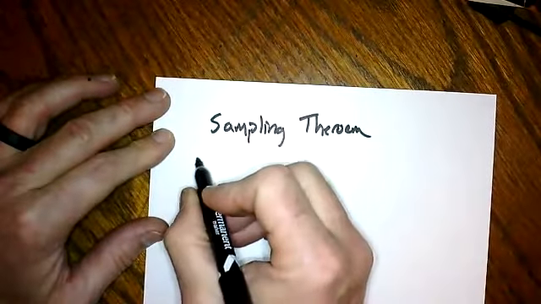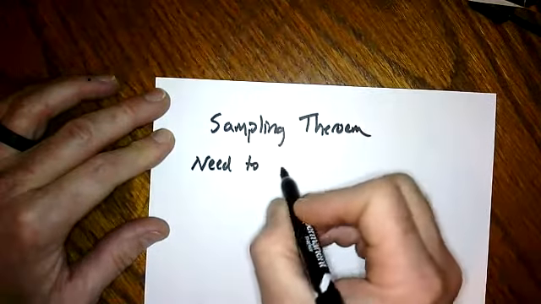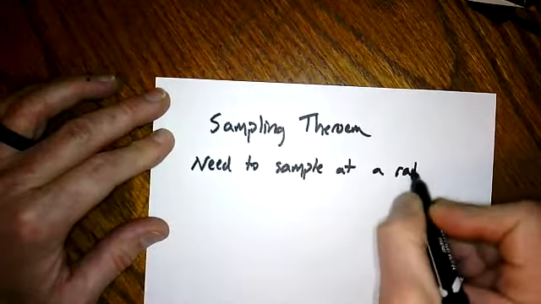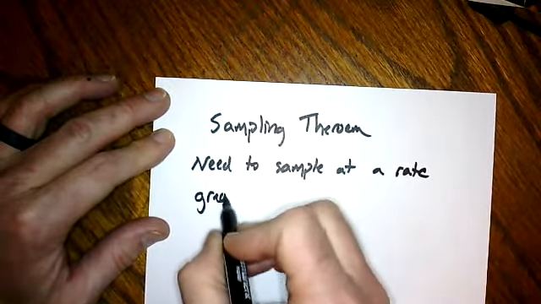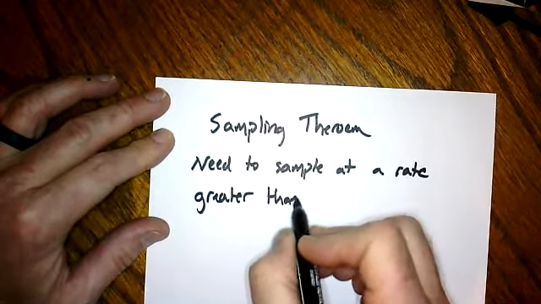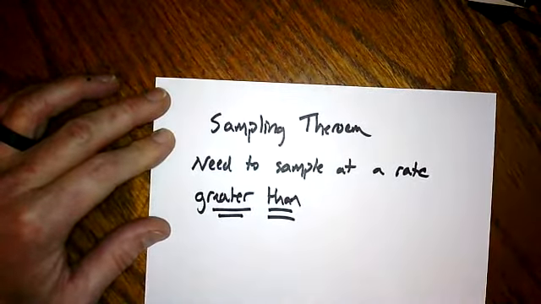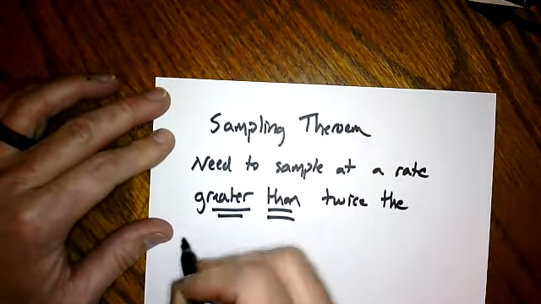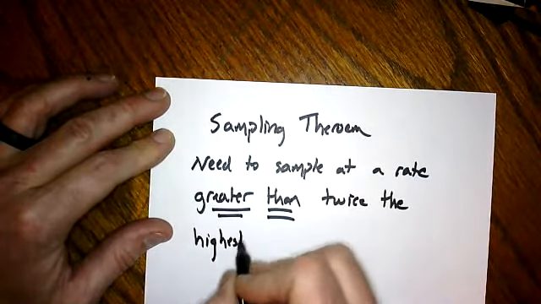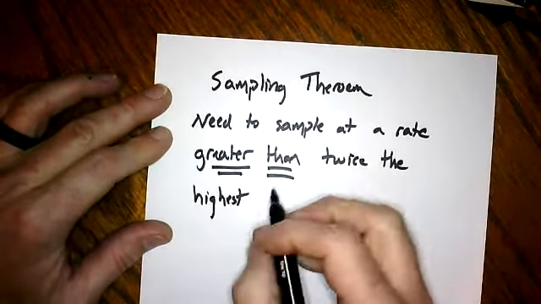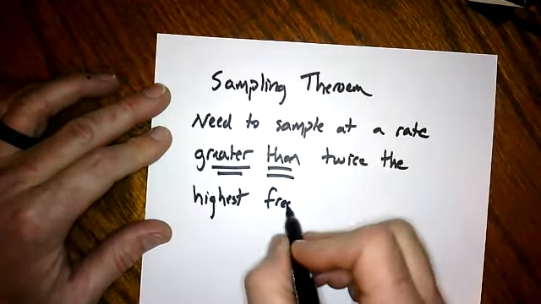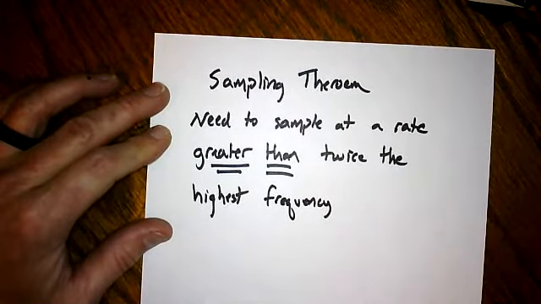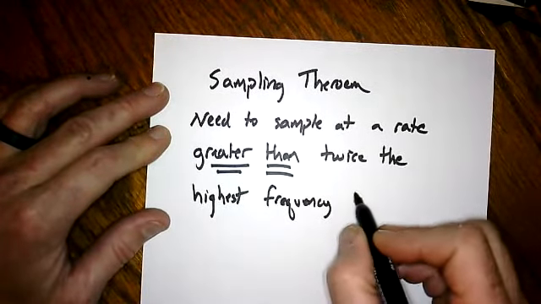You need to sample, I'm paraphrasing, at a rate greater than, okay, has to be greater than twice the highest, and I'm going to reuse the word frequency here, the highest sine wave frequency that you want to detect.